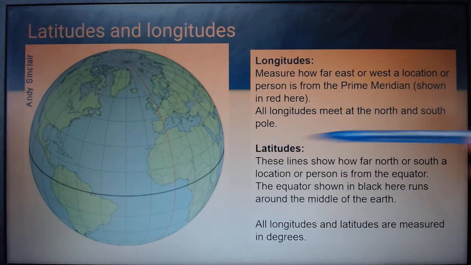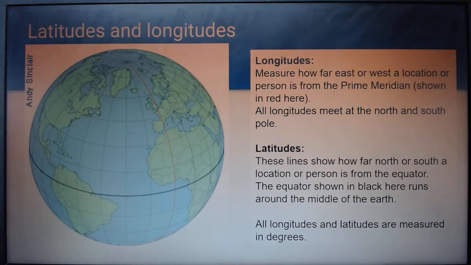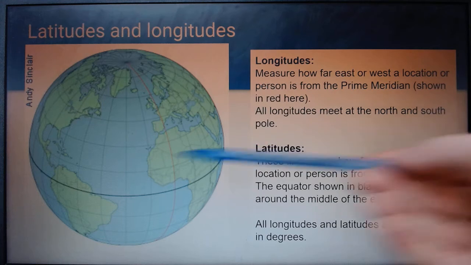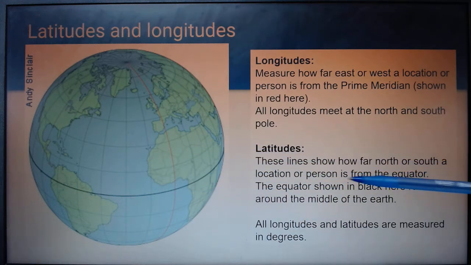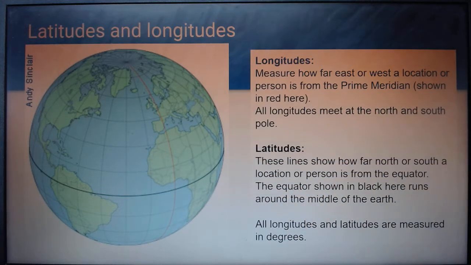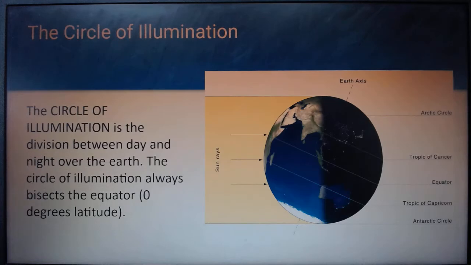All longitudes meet at the North and South Pole. Latitudes run east to west, but show how far north or south a person is from the equator. They run parallel. Lines of latitude never cross. So that's what we have there.